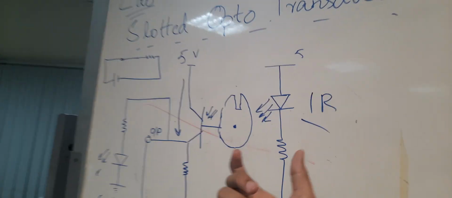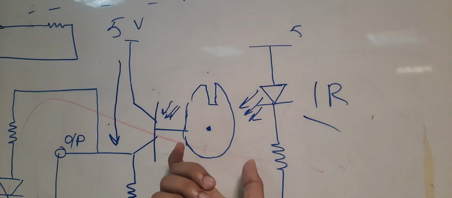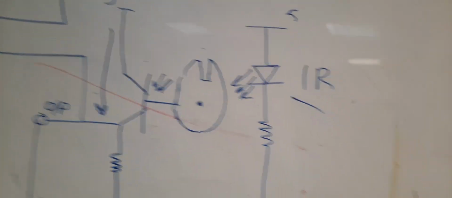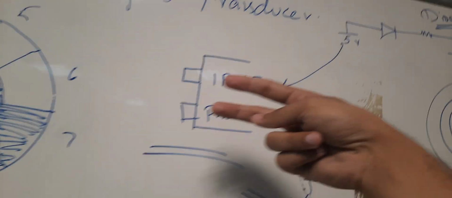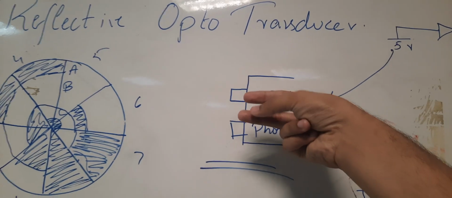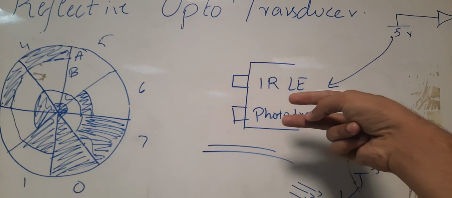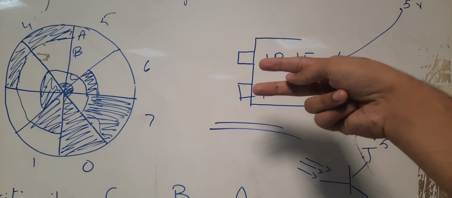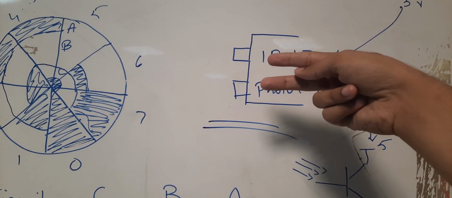In the previous case, the IR LED was here and the phototransistor was here, and in between there was a disc with a slot. In this assembly, the IR LED and phototransistor are placed side by side, just like the ultrasonic transmitter and receiver assembly.